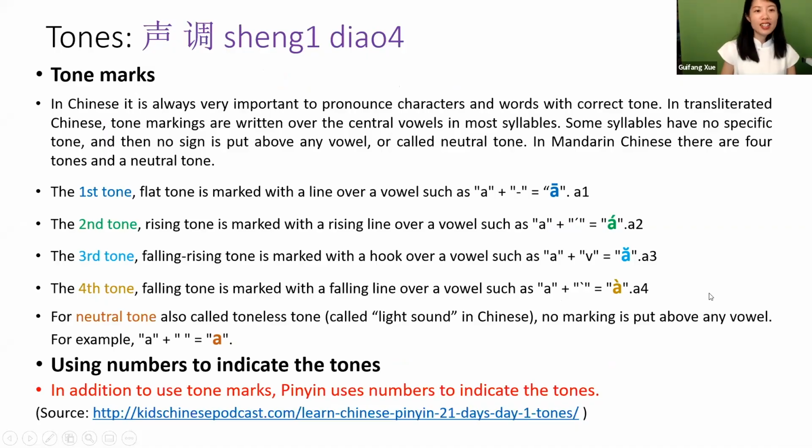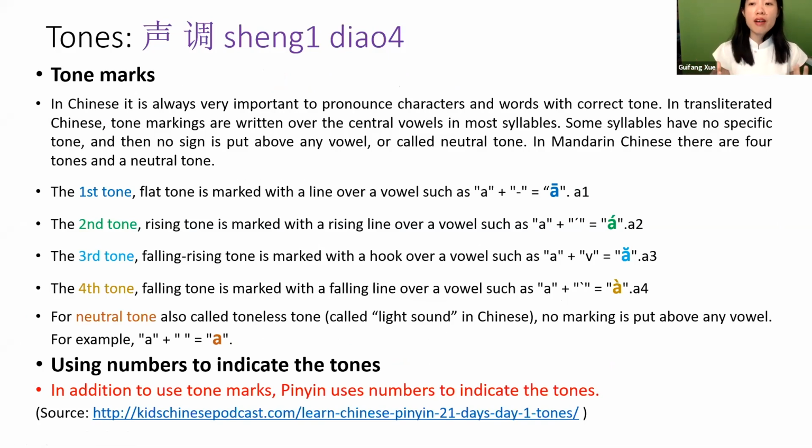I'm going to share my PowerPoint with you. Okay, so in Chinese, it is always very important to pronounce the characters and words with correct tones. If you mess up the tones, that means totally different things. In transliterated Chinese, tonal marks are written over the central vowels in most syllables.